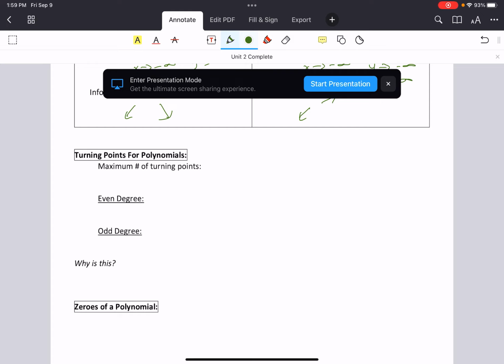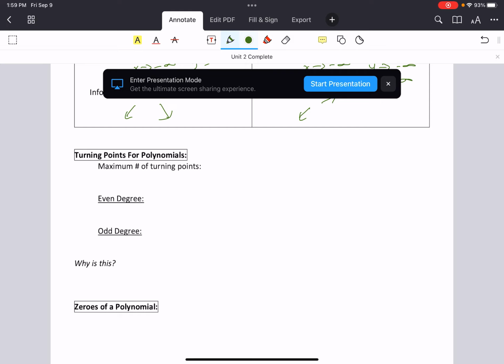Now you guys are pros at end behavior, right? Like super, super big pros, right? So, is it fair to say that if something is raised to the power of 4, the two ends have to go in the same direction?